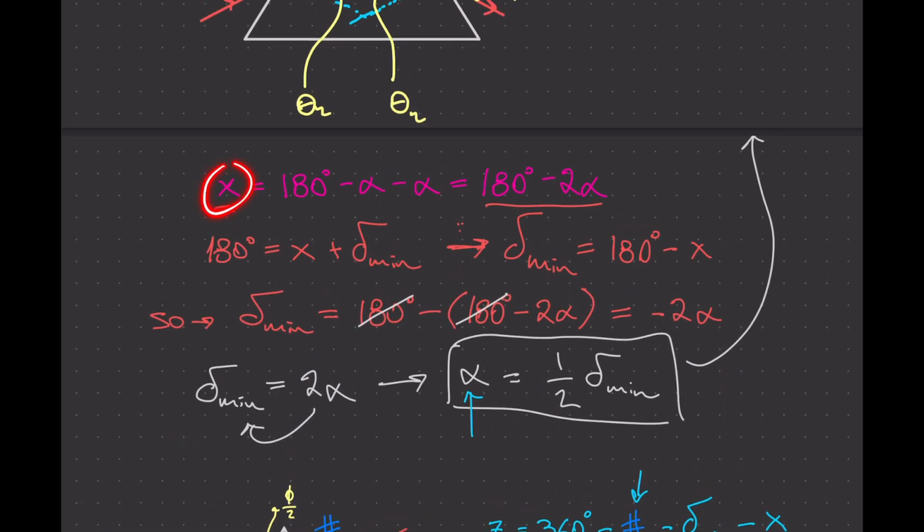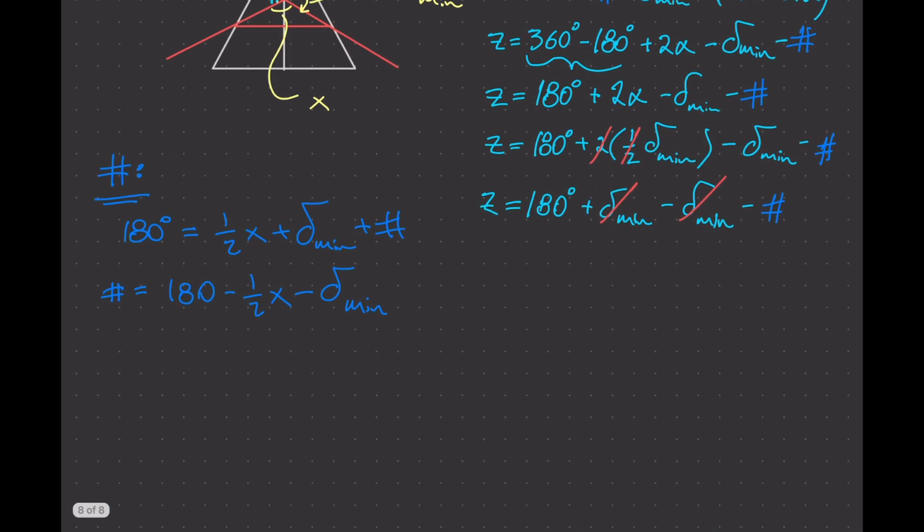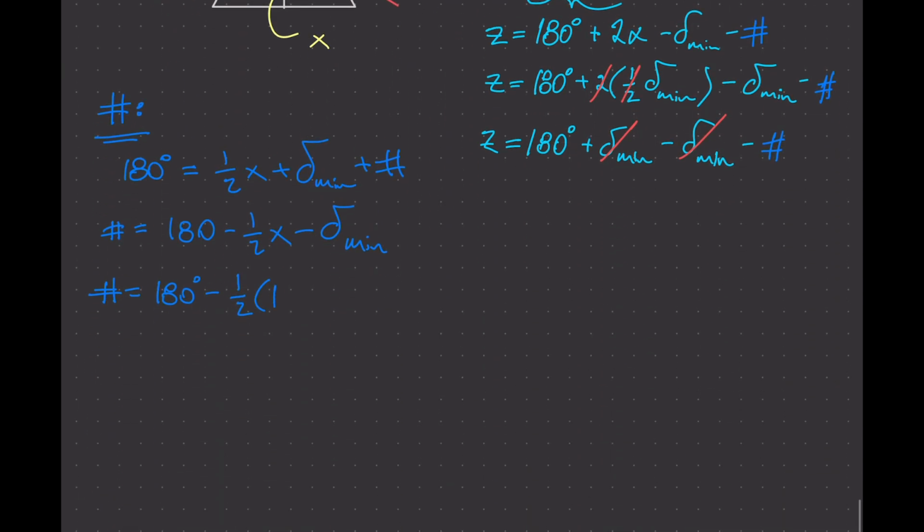So I'm going to take a look at what x is, and it's 180 minus 2 alpha. So x is in our equation here, which will let me simplify it a little bit more. We got 180 degrees, stays the same. 1 half, open bracket. I'm going to put in that x, which is 180 minus 2 alpha. Remember, we found that from the previous section. And then I carry over that minus delta min. So we can simplify a little more.